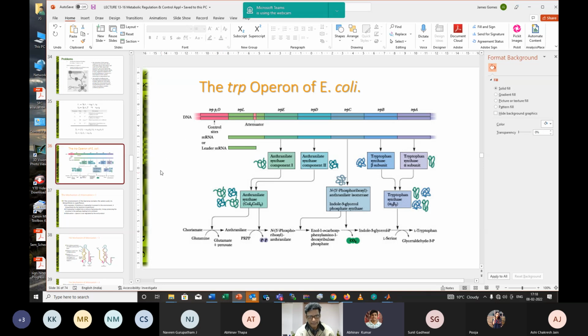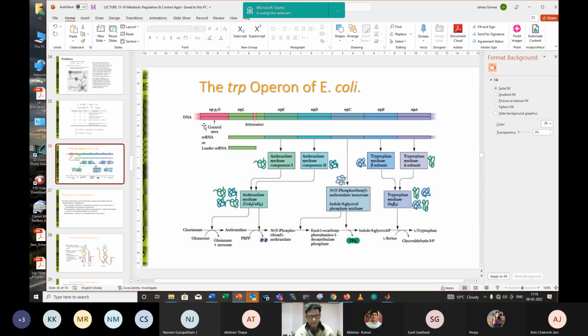So when you have an excess of tryptophan in the system, then there's a repressor molecule which binds to the tryptophan, and together when it comes here, it will essentially inhibit the site to which the RNA polymerase can bind and then synthesize the mRNA.